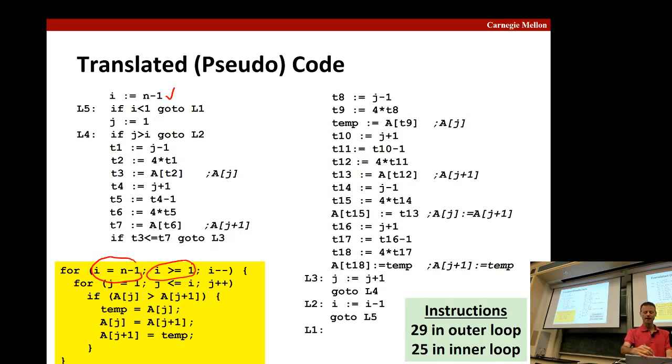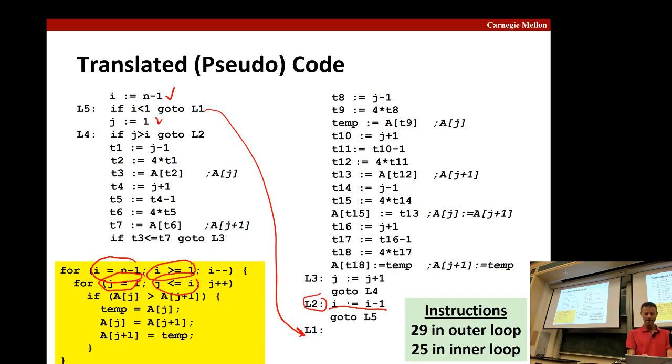So if i drops to less than 1, then we're done. We're going to jump all the way to the end. Otherwise, we're going to enter this inner loop. We're going to set j equal to 1 right there. And again, if j is greater than i, then you're done with the inner loop and go to the next step of the outer loop, which is here, where you decrement i, and so forth.